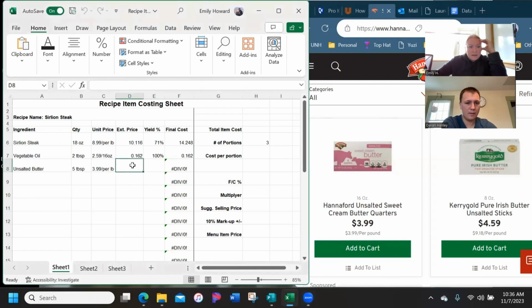Okay. Gotcha. So if it's $3.99 per pound, there's actually probably two different ways you could do this. So traditionally, when you buy butter by a pound, it's 4 sticks, right? Well, this one's only 2 sticks. See right here.